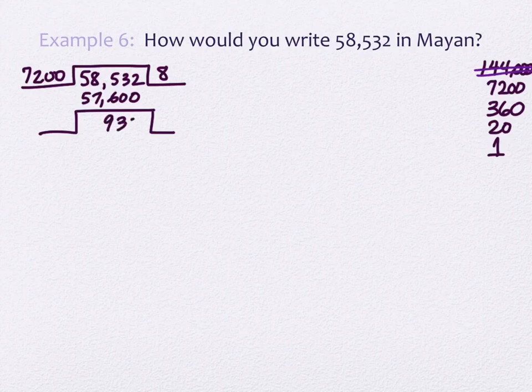Nice, 932. Okay, my next place value was 360. So how many times will 360 go into 932? 2 times, and 2 times 360 is 720. Very good.